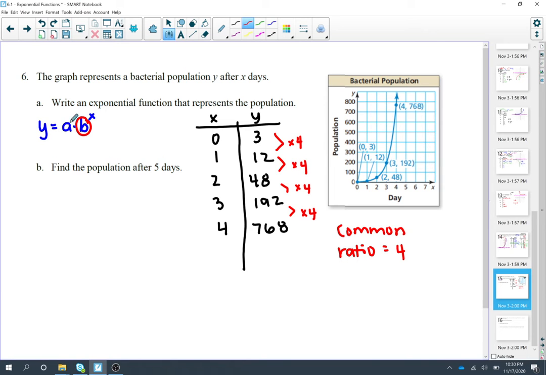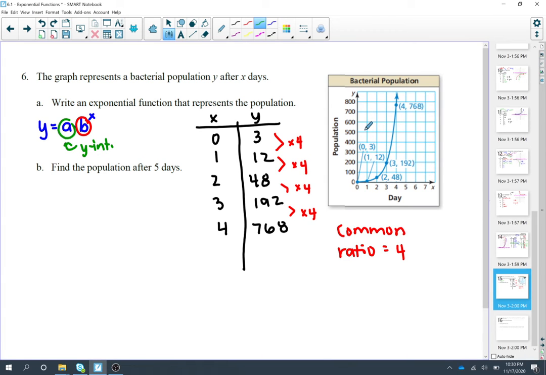So in my equation, I know that this is going to be 4 to the power of x. Now, A, we haven't talked about quite as much, but A is actually not that bad. When we have it written like this, A is your y-intercept, or your initial population. It's your starting value. So on day 0, our population is starting at 3.